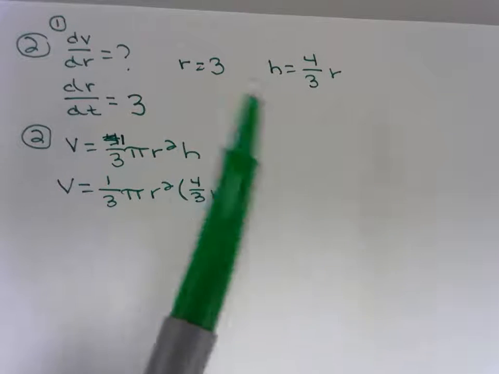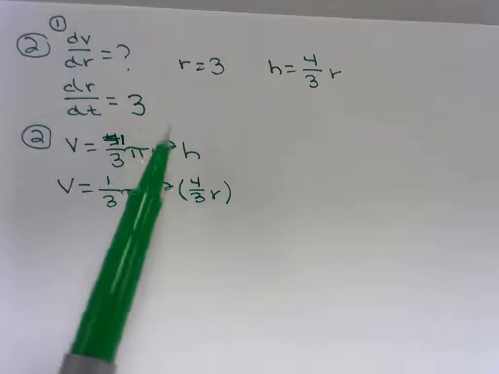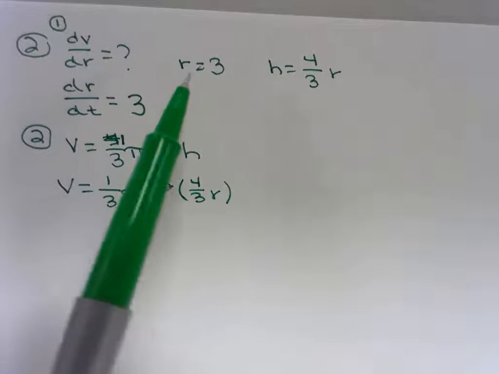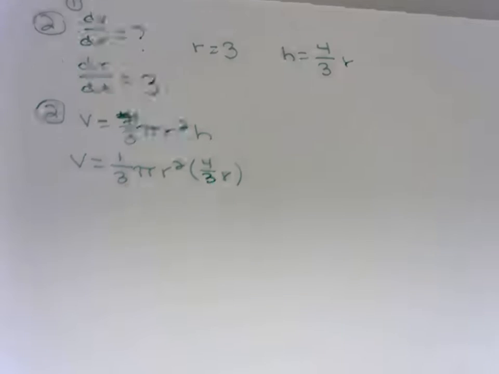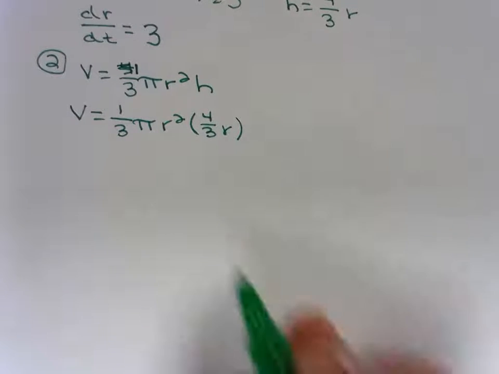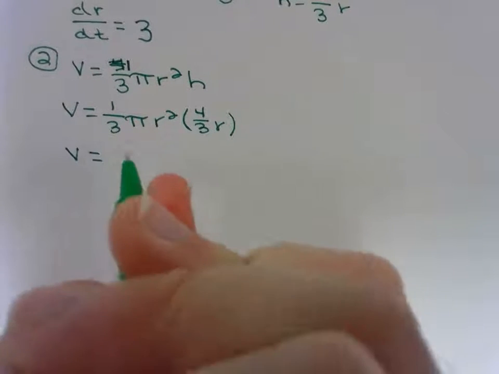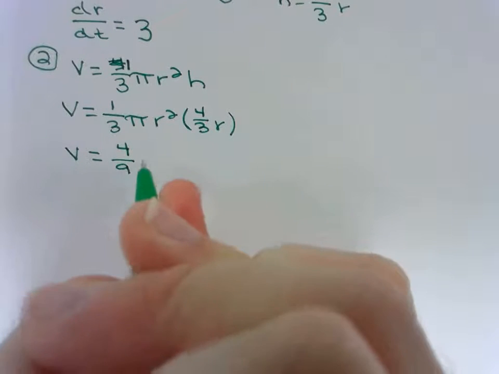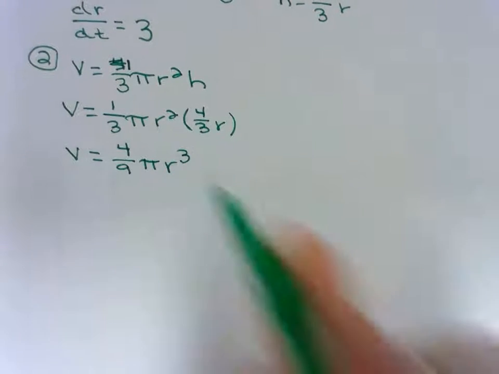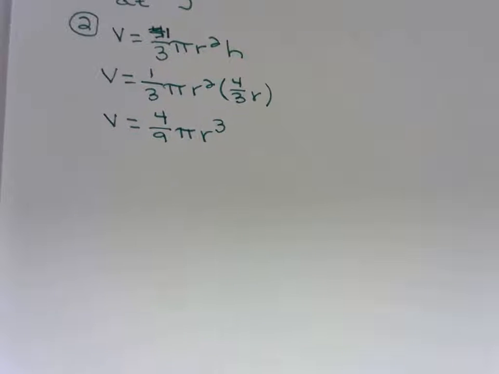Do they tell me when the height is this? No. They don't tell me any specific information about h, so I have to get it all in terms of r. So if I simplify this a little bit, volume equals 4/9 pi r cubed. That's step 2. Now I have a formula that relates my given and unknown.